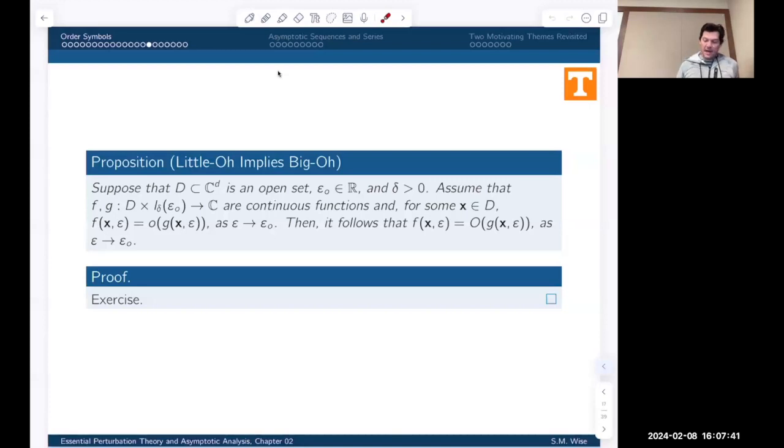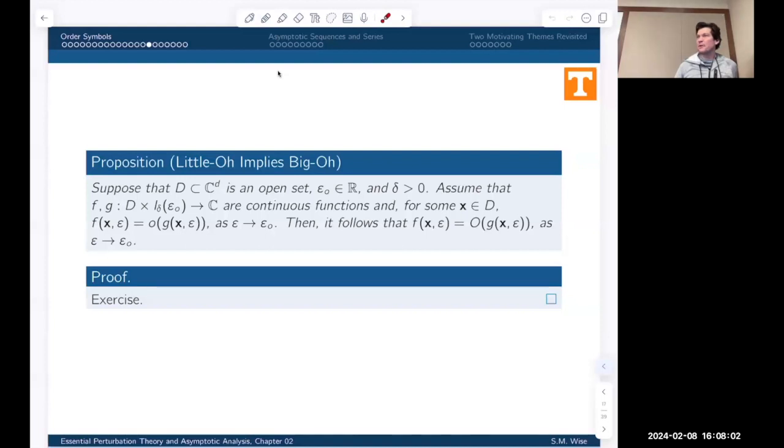Suppose that for some x in D, f of x is little o of g of x as epsilon goes to 0, then it follows that f of x is big O of g of x as epsilon goes to epsilon naught. In other words, the short way of saying this is little o implies big O.